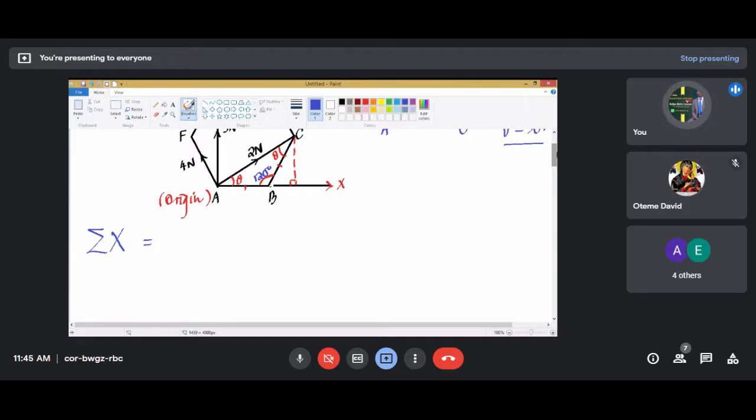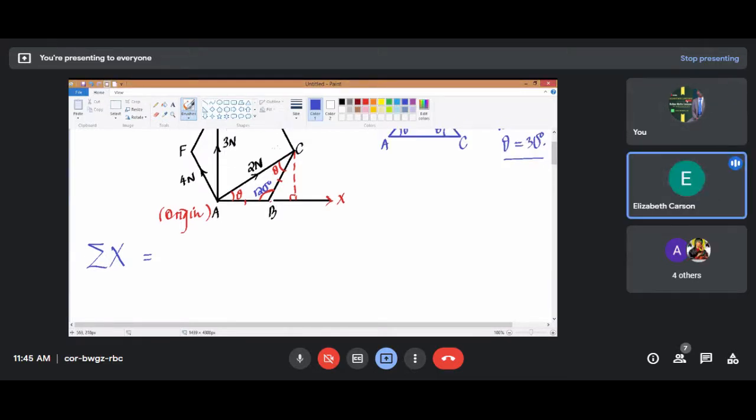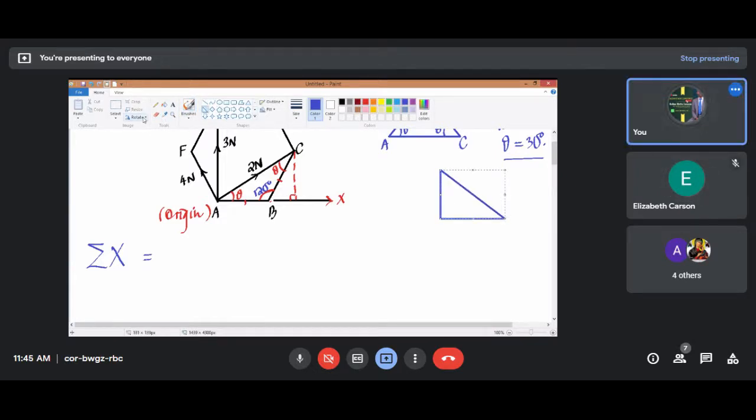When you look at the direction of action, if we put out a triangle, that is how the triangle looks. This is A, that is C. The force's origin is point A, its destination is C. This is not B, it's this point here.